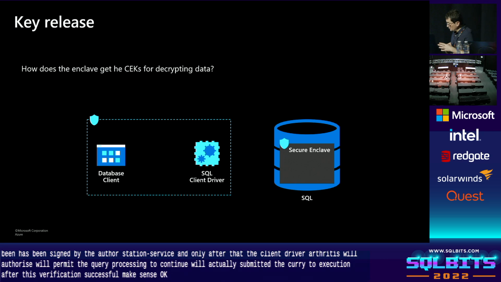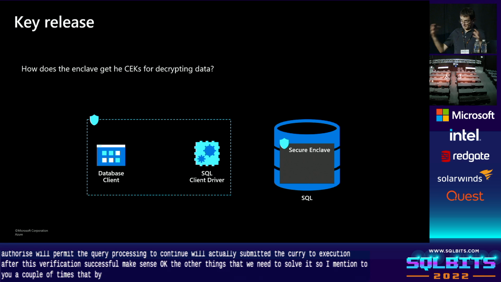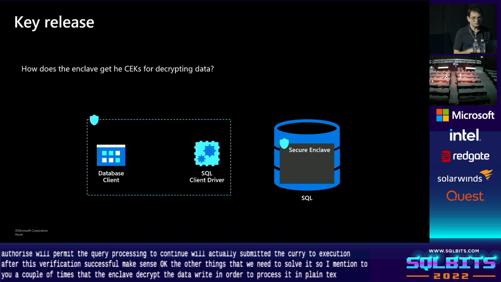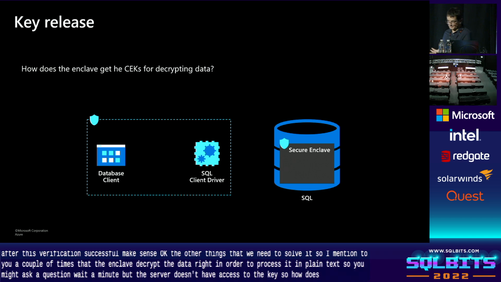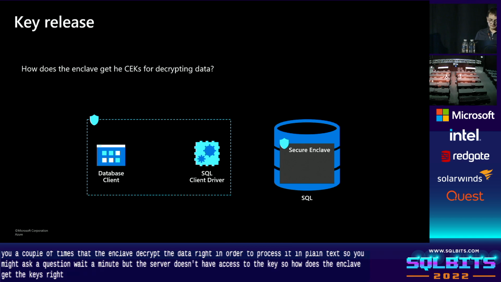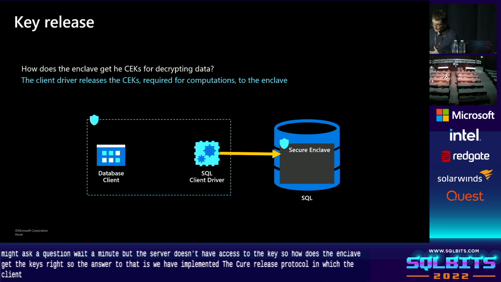The other thing that we need to solve is, I mentioned a couple of times that the enclave decrypts the data in order to process it in plain text. So you might ask, wait a minute, the server doesn't have access to the keys, so how does the enclave get the keys? The answer is we have implemented the key release protocol, in which the client driver shares the keys with the enclave.